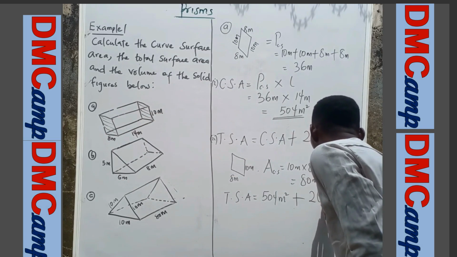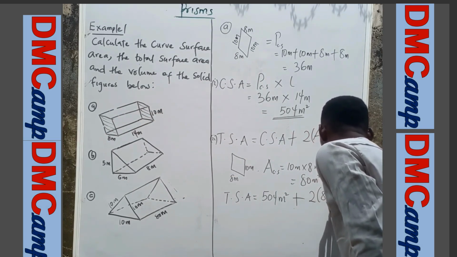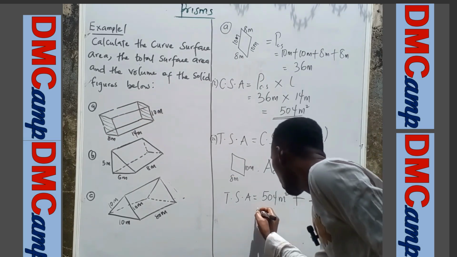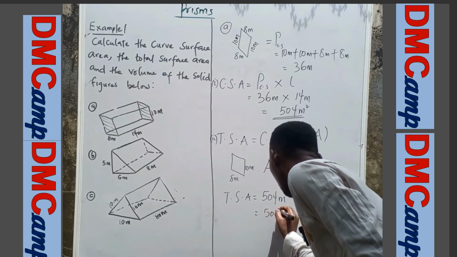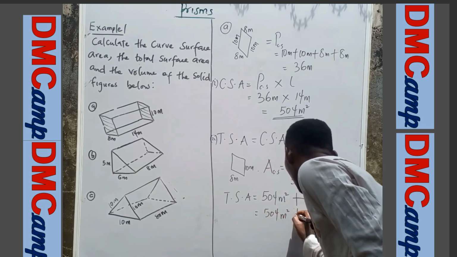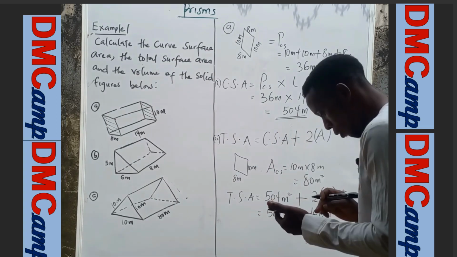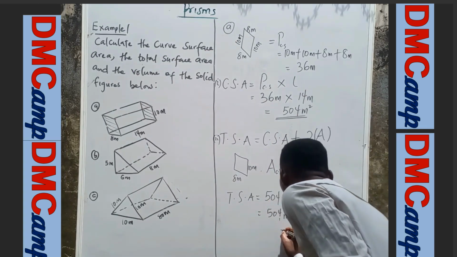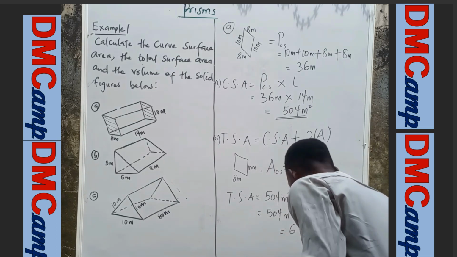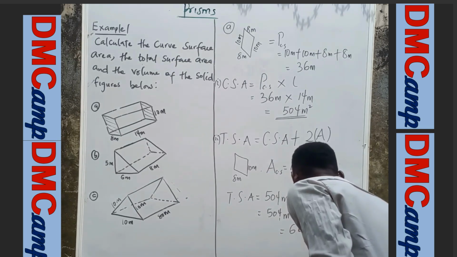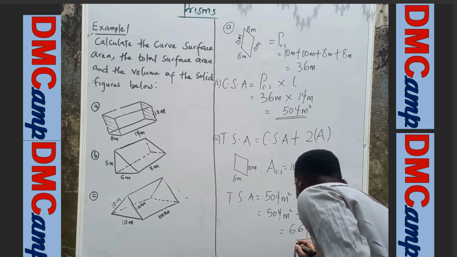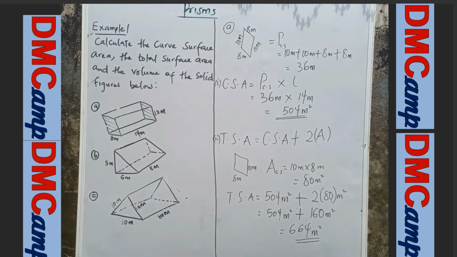So 2 of 80 meter square. So this will give us 504 meter square plus 160. You are going to have 664 meter square. That is the total surface area.